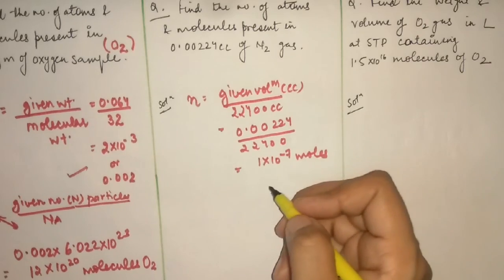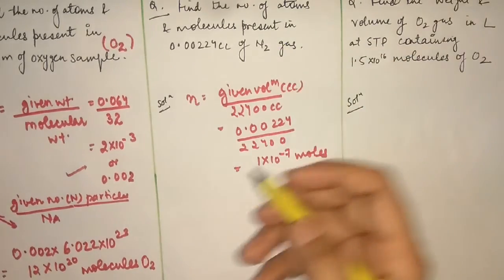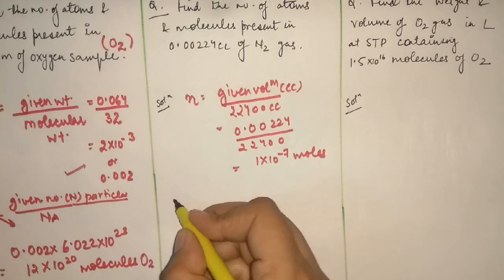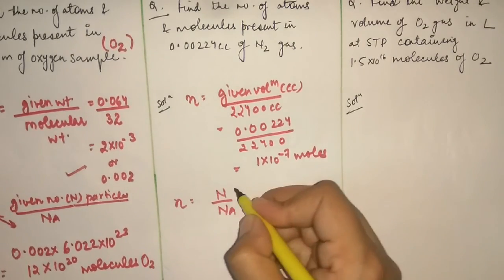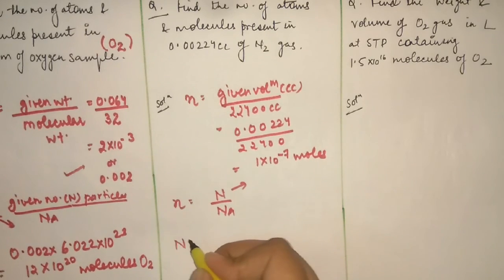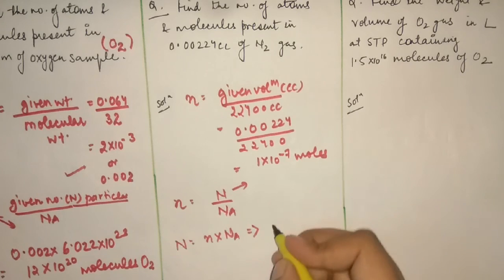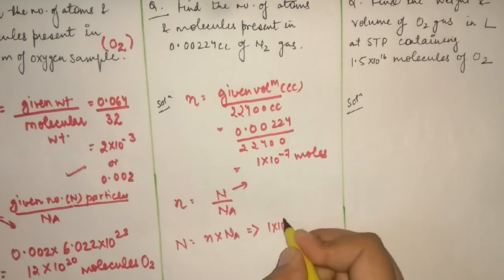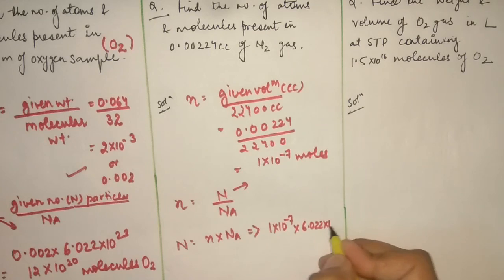So you've calculated moles, but you have to calculate the number of atoms and molecules. I know that n is equal to N upon Na, where N stands for number of particles. So N is equal to n into Na. That is, number of moles 1 into 10 raised to minus 7 into Avogadro number 6.022 into 10 raised to 23.